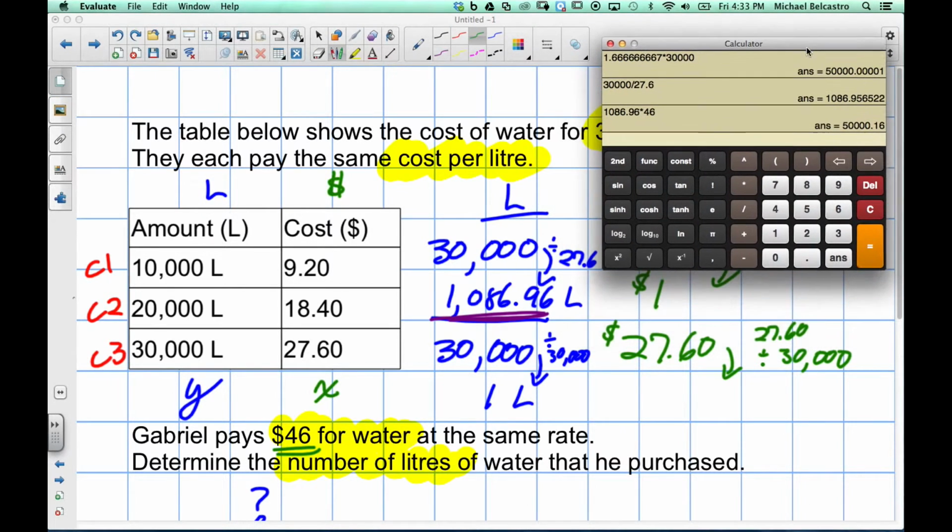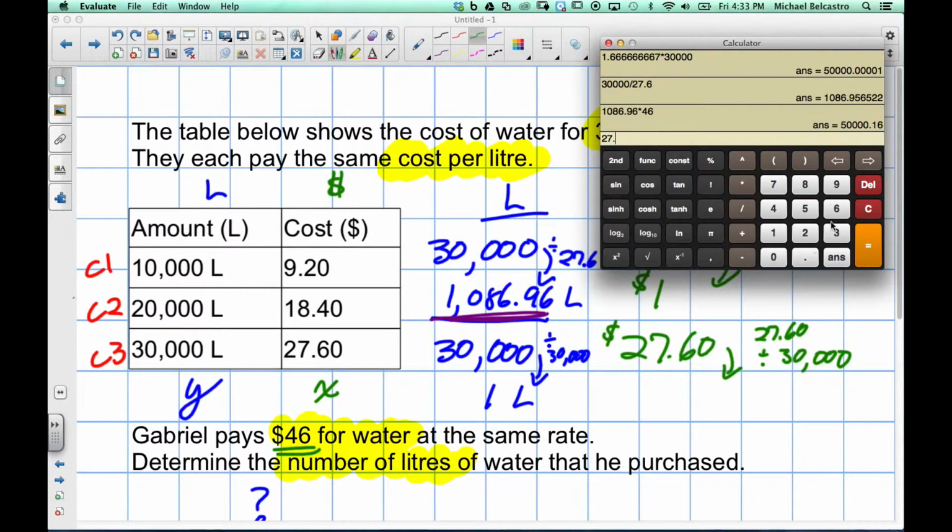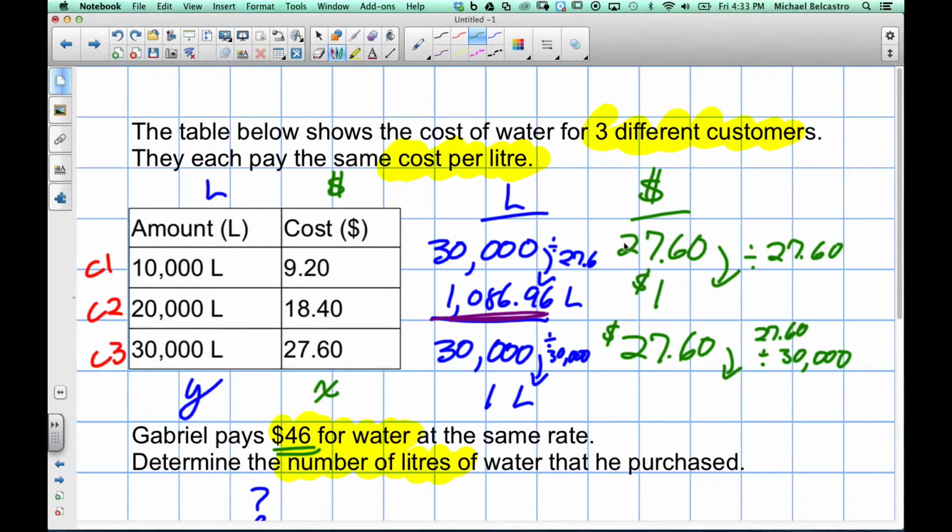Let's see what we get. 27.6 divided by 30,000, that's 0.00092. This is our new rate.